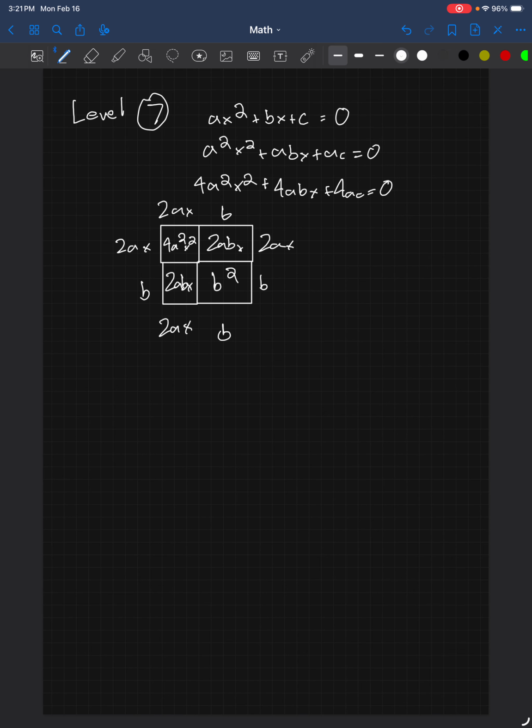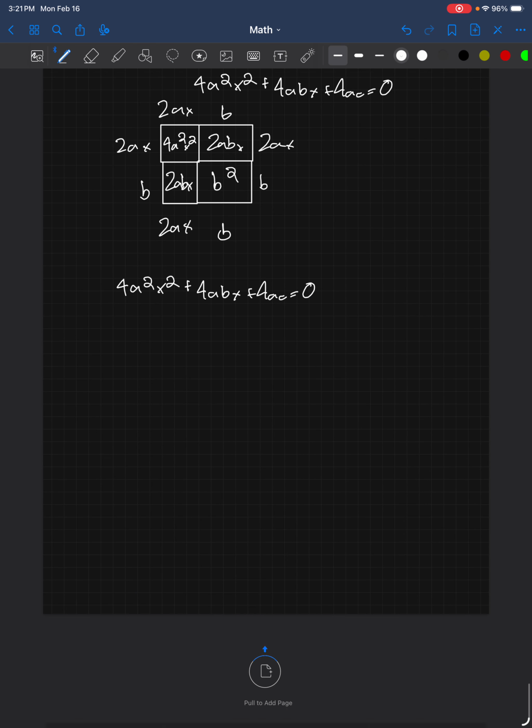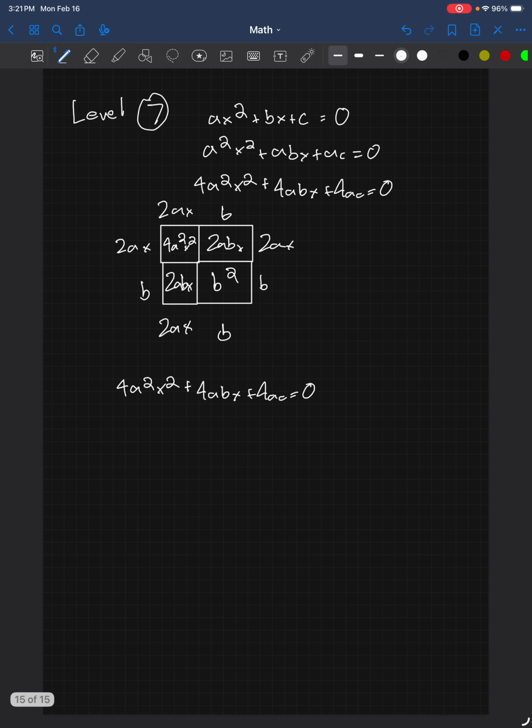So now we have a tiny problem. We have 4ac here and b squared here. Okay, that's not that big of a problem. We will just take this equation and subtract 4ac and add b squared so that we can make the b squared over here.